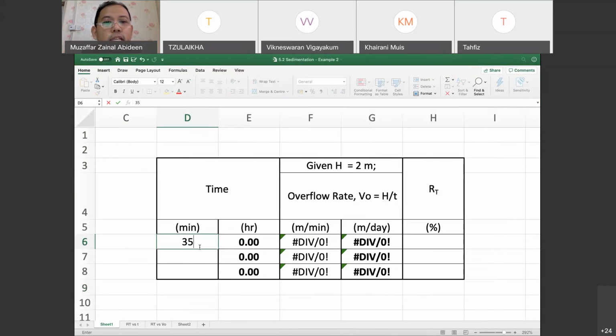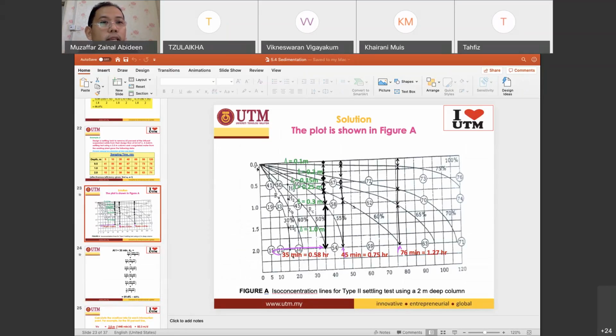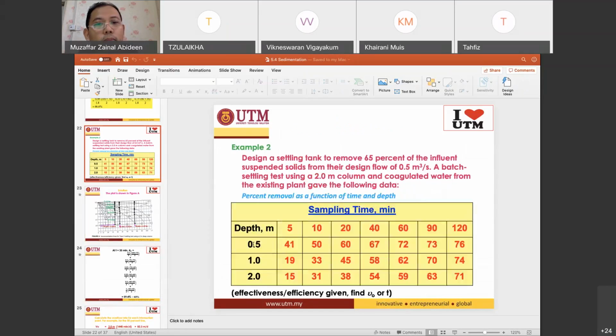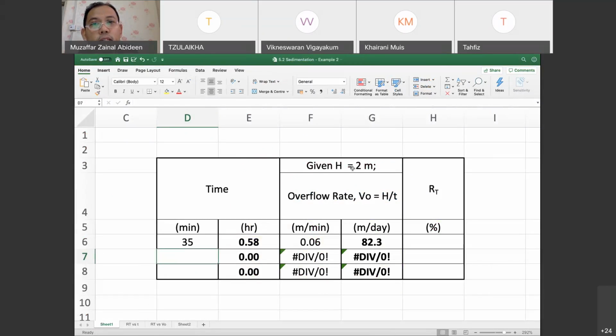So I choose the first time was 35 minutes. They have already changed it to hours. And then we can find out the overflow rate. Sorry, I forgot to show the height of the column just now. If you look at this table, the height of the column is 2 meters. Given H is 2 meters, the overflow rate V naught is H, 2, divided by T. Our T was 35 minutes, so that would be 0.06.